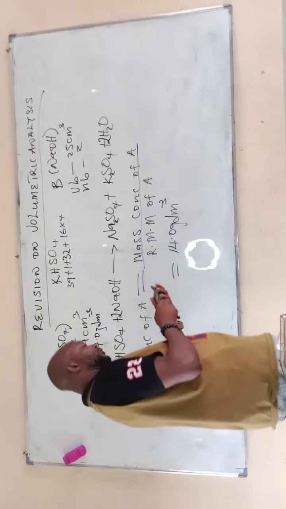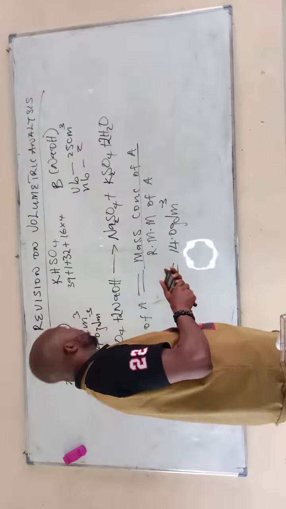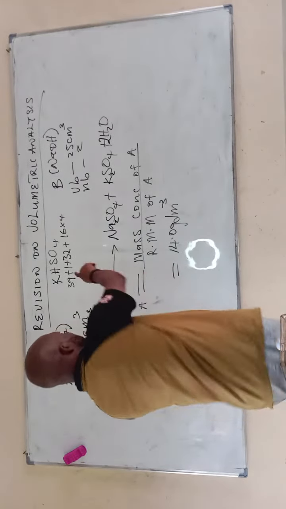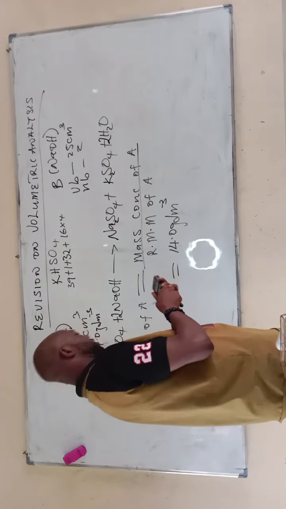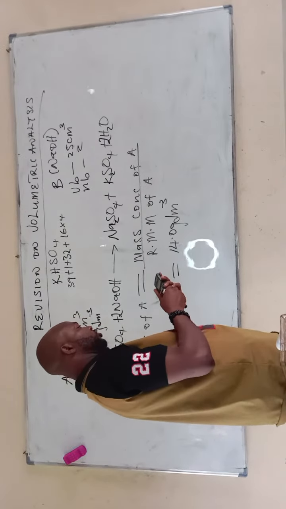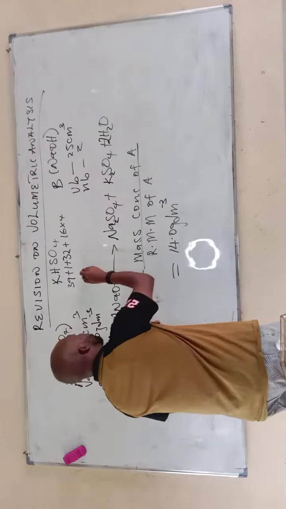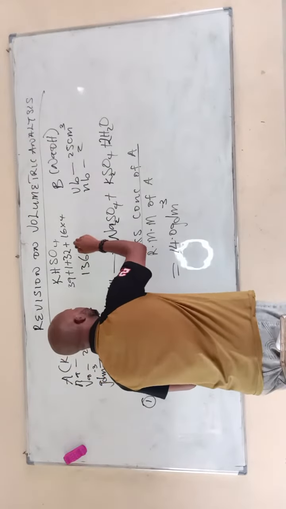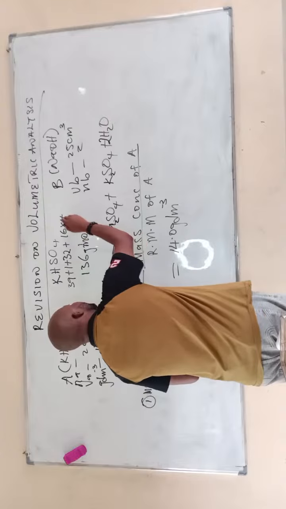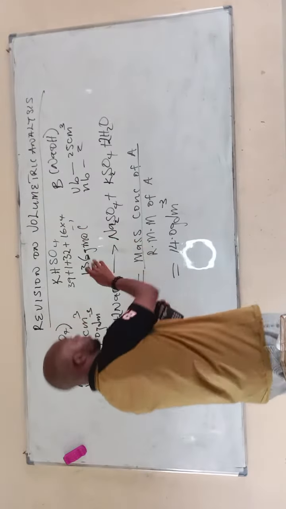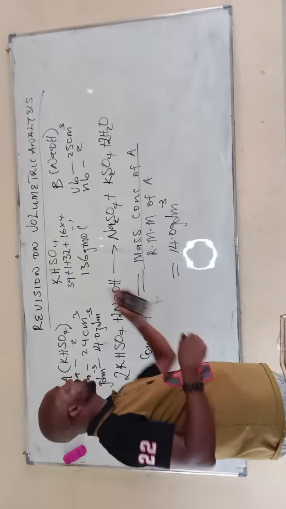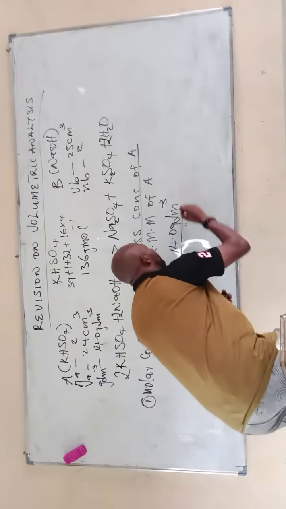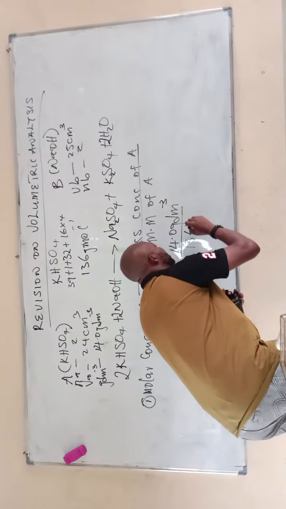So 16 times 4 is 64 plus 33, 33 plus 39. So I have 136 g/mol. The unit is very important. So my relative molecular mass of potassium hydrogen tetraoxosulfate(VI) is 136. So this will be over 136 g/mol.